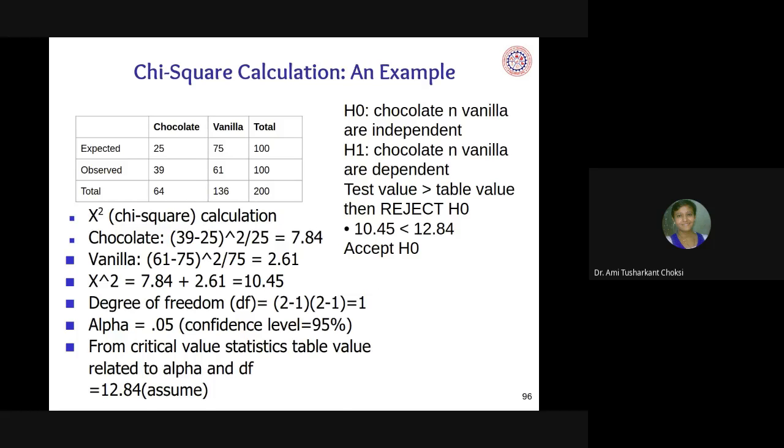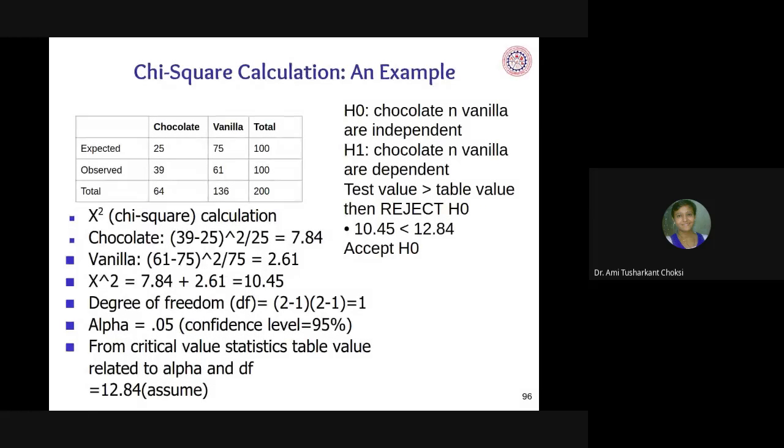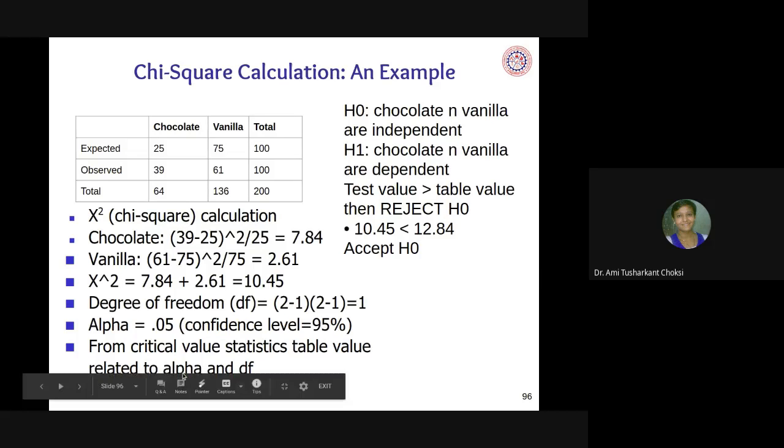The table should be given to you, and you can find the DF as well as the alpha there. From that, we find the chi square value from the table, right?